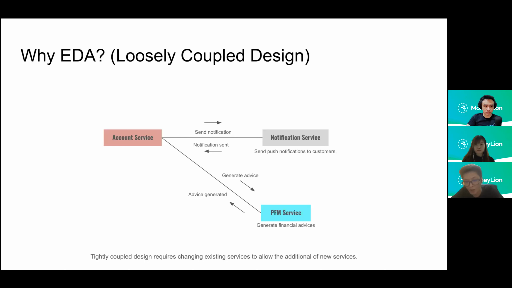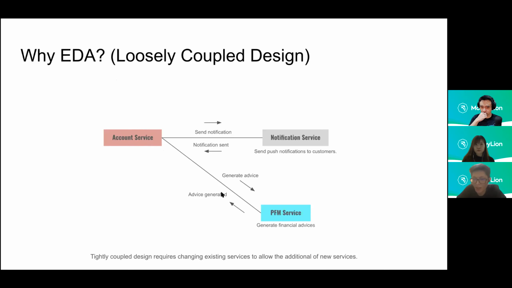Based on that, we want to generate meaningful and useful financial advice for the customer. So you can see now we are doing 2 things instead of 1 thing. In the traditional request-driven approach, you would need to modify the account service to send additional requests to the PFS service.